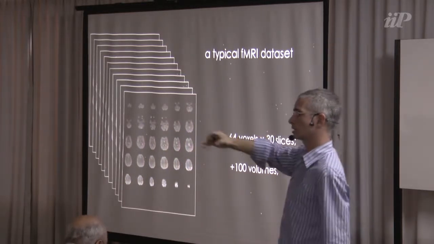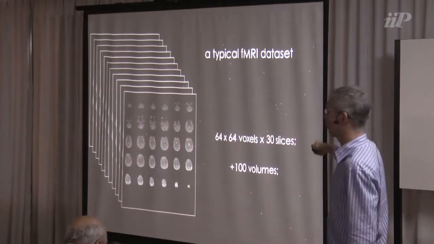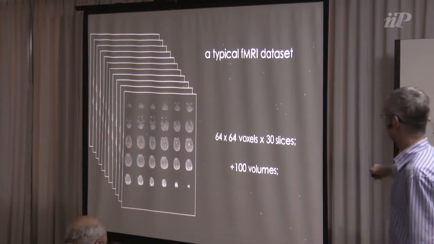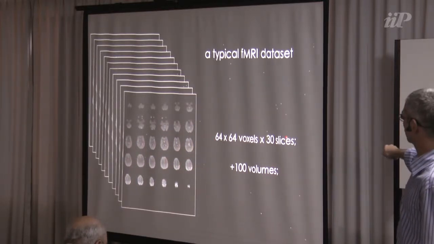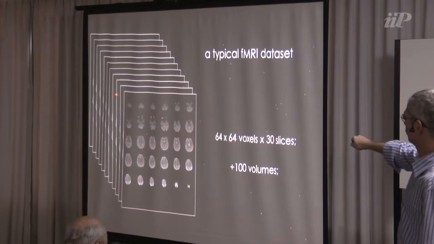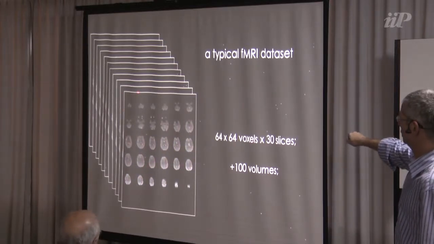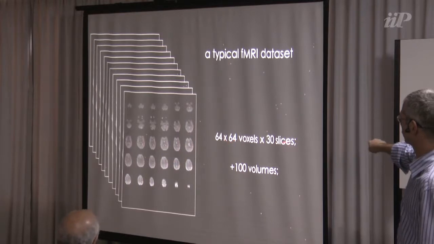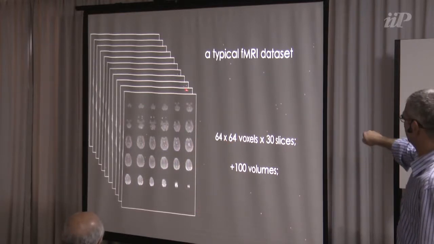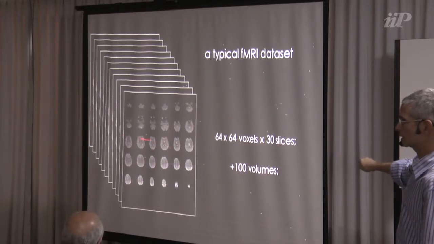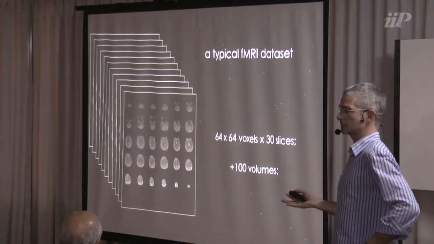So in your whole experiment, you are acquiring volumes of data. We are talking about data that typically are 64 by 64 with 30 slices, and each of these volumes is acquired about 100 times.